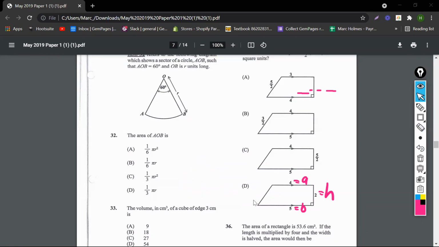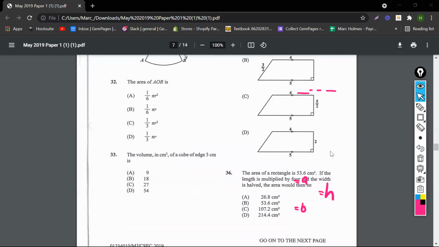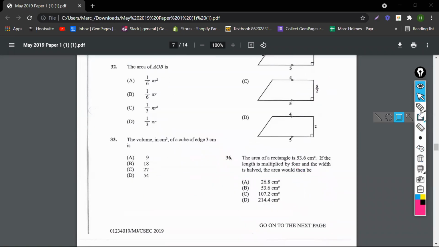And then let's move on now to 36. So let's look at 36 now, guys. Mark this one, guys. It comes really often. It says here the area of a rectangle is 53.6 centimeters squared, and remember length times width is the area of a rectangle.